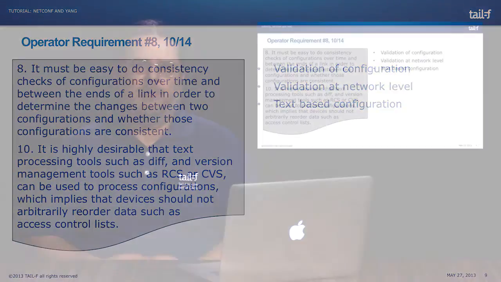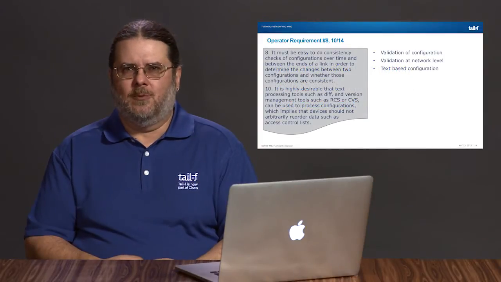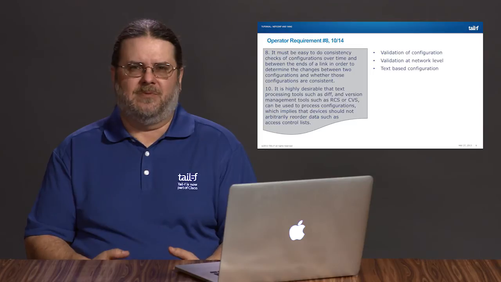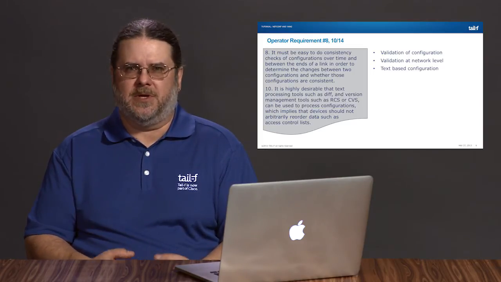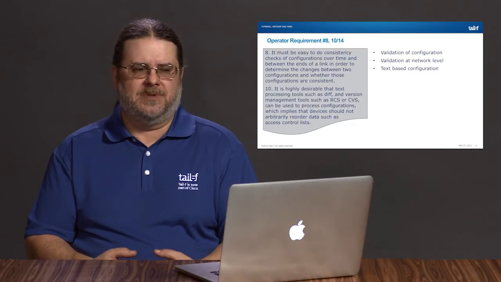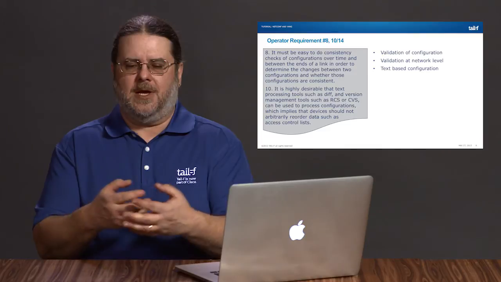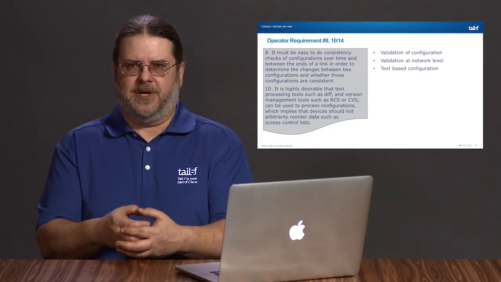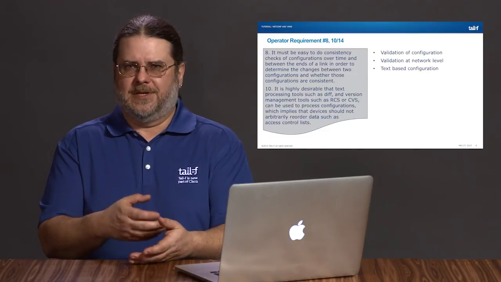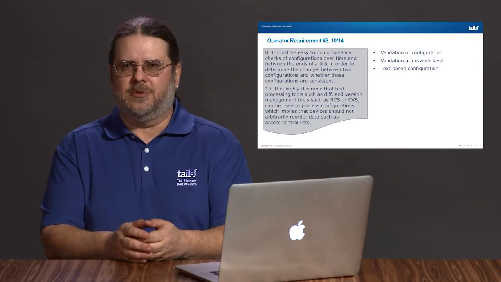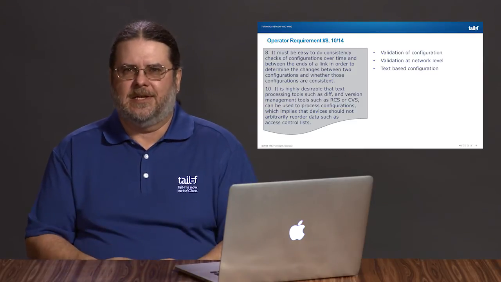In other words, a requirement that I'm not working with a blob of opaque binary data that's very hard to inspect, manipulate, and compare. I want to be able to, from my modern network management protocol, fetch my configs, send them through standard command line tool chains to process it as text.